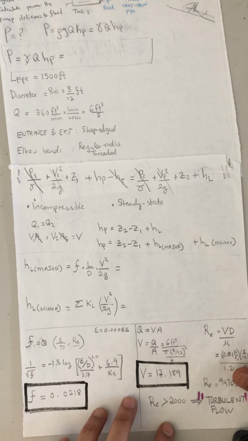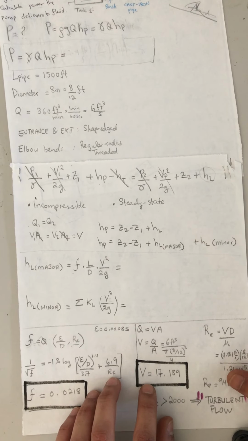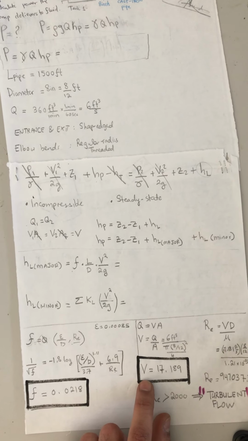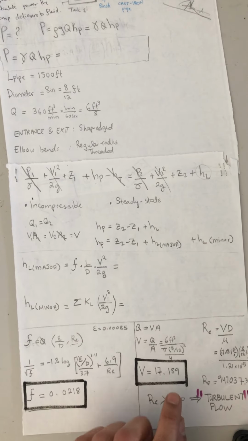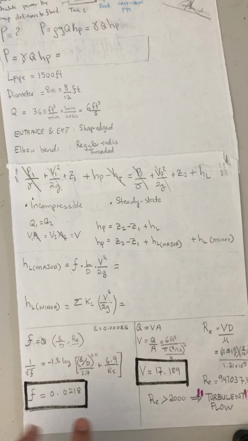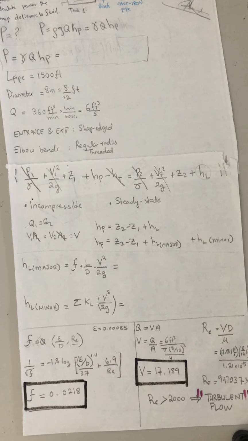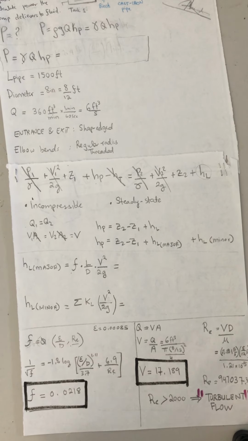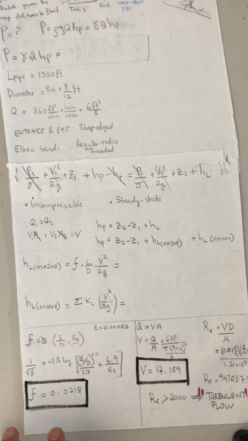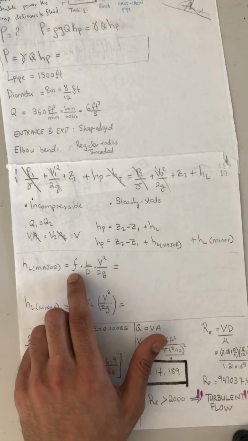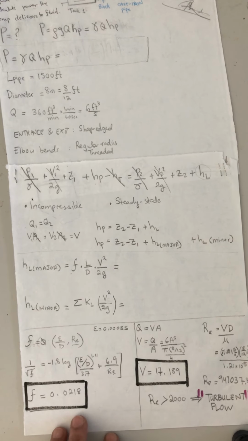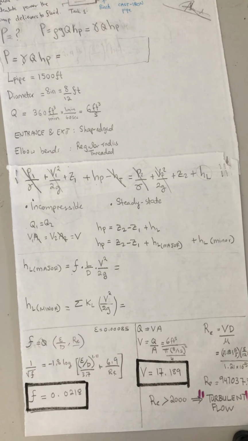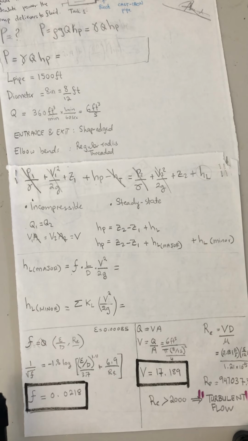Now that we have determined our fluid velocity via the continuity principle and our Reynolds number that helped us in finding the frictional factor, we can solve for our head loss in the major cases.